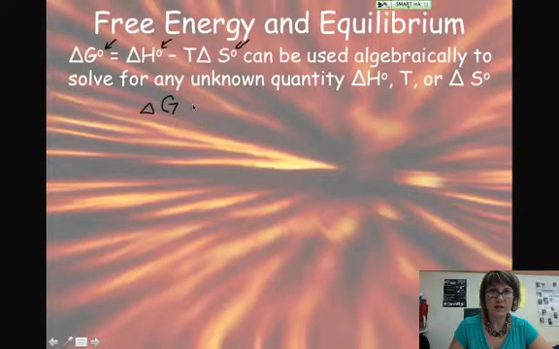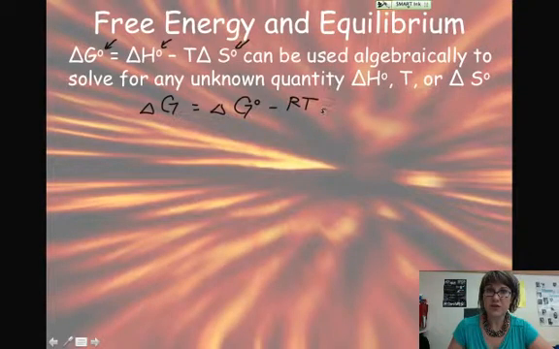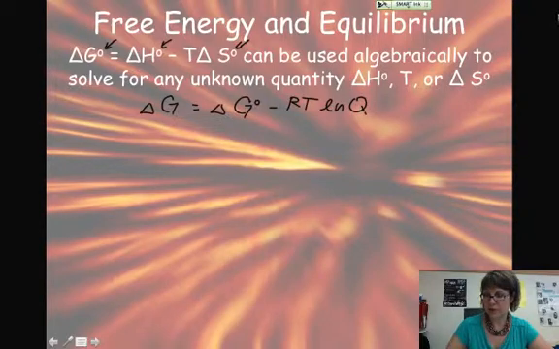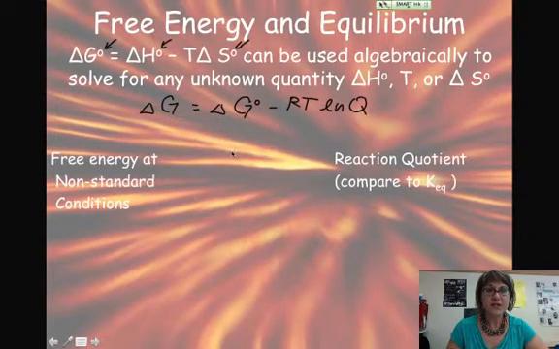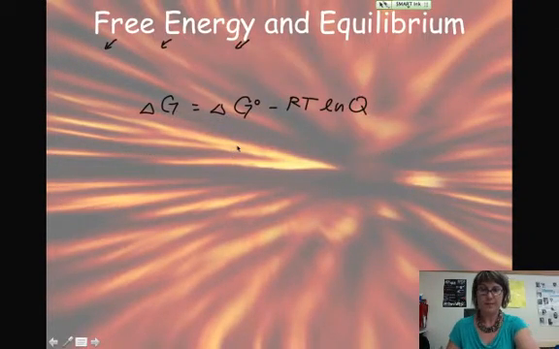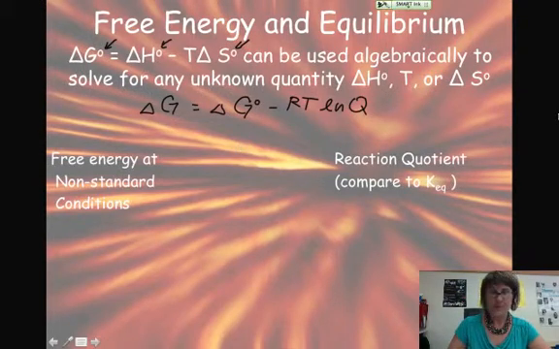So delta G that's non-standard will be derived from the standard delta G that's adjusted for whatever conditions we have. In equilibrium, when we had just whatever conditions, we called that Q, where Q is the reaction quotient. Delta G represents the free energy at non-standard conditions, where the circle thing is our delta G at standard conditions.